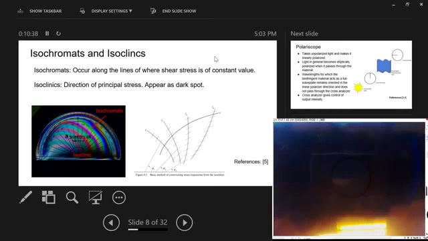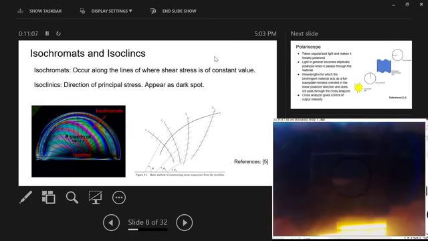The other pattern that we're looking at here are called isoclinics. Isoclinics are the points where stress is applied, and as a result are the principal stress axes in the material. The reason why these isoclinics appear black is because at these components of the material, the phase retardation is 0. So all wavelengths are passed as a result.